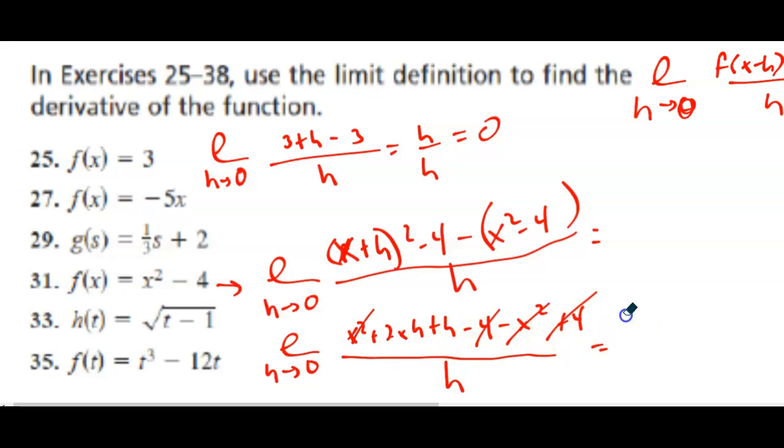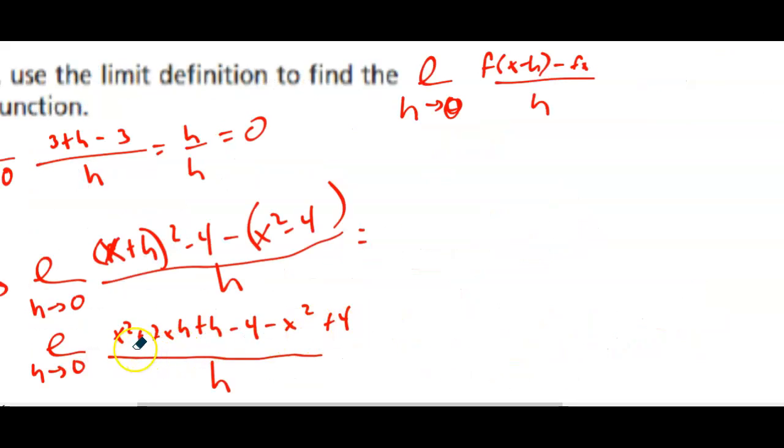So we have 2xh plus h. That should be h squared. Man, I tell you, it's late, I'm making mistakes. All over h. So again, I'm going to rewrite that because it was bad. And that's h squared. So you have 2xh plus h squared all over h. And then we're going to factor out an h.